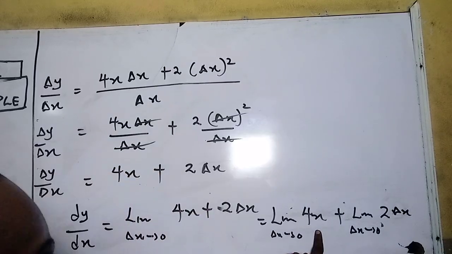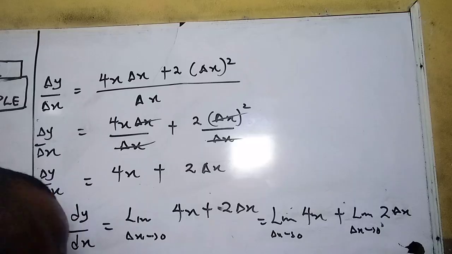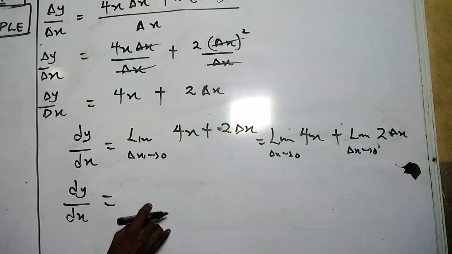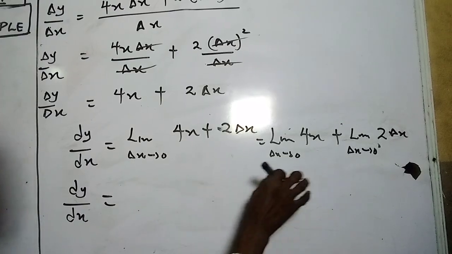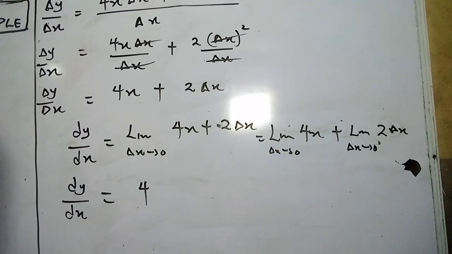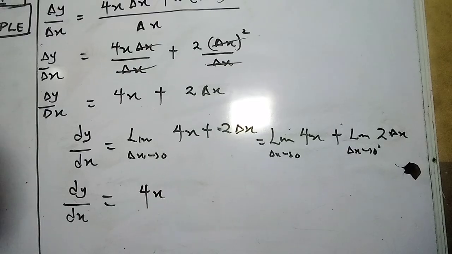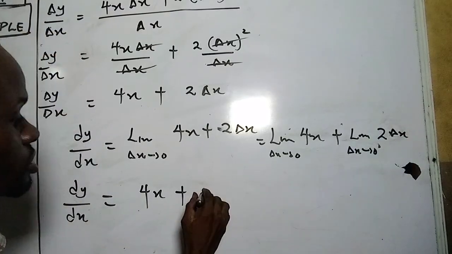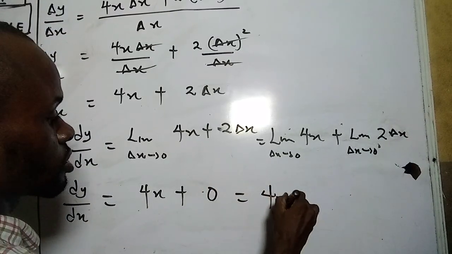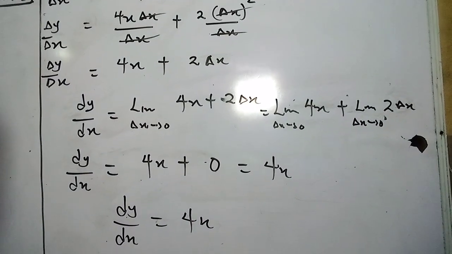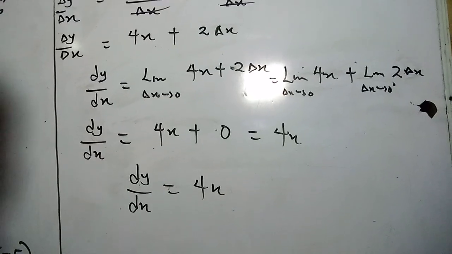So there's no dx here, but there's dx here. So what do we have then? dy dx is equal to 4x, and obviously we have this expression here to be 0. So finally, dy on dx is equal to 4x. So that's our final answer.